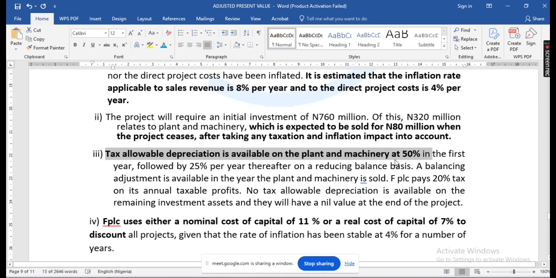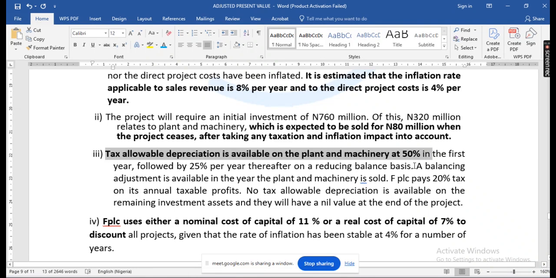It's available on the plant and machinery at 50% in the first year. So when you want to do your capital allowance, you charge 50% on 320 because the 320 is the plant and machinery. And thereafter, 25% on reducing. So you will now be charging 25%, 25%, 25%.